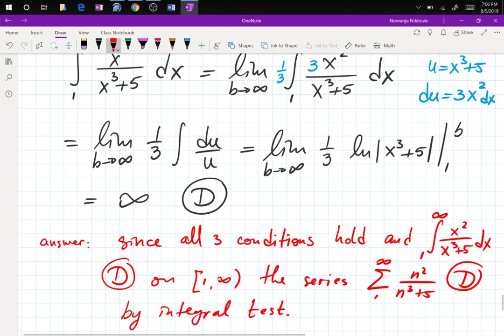So we use integral test to show all of the p series and to solve all of the problems where we can integrate.